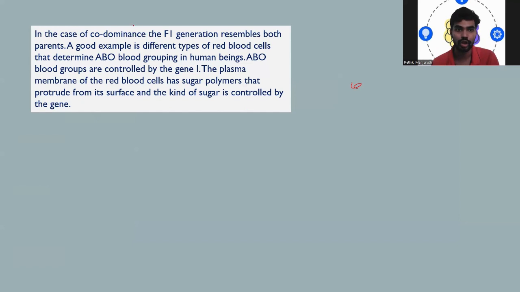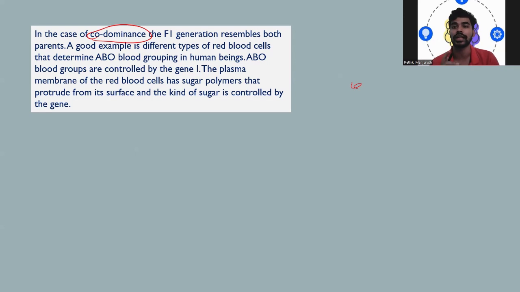In codominance, still now we discussed that two cases can happen. One is the dominant gene, whatever the dominant character, dominating over the recessive gene or recessive character. Second case, sometimes the dominant gene won't completely dominate over the recessive.